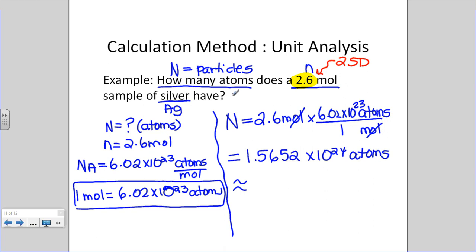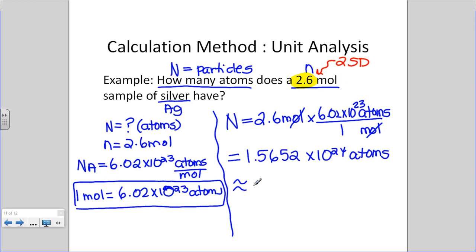There are no other numbers given in the problem, and we never use our Avogadro's number to round for significant digits. So since this is the only value given in the question, and it's 2 significant digits, and I'm multiplying and dividing here, when I round my answer I need 2 significant digits.